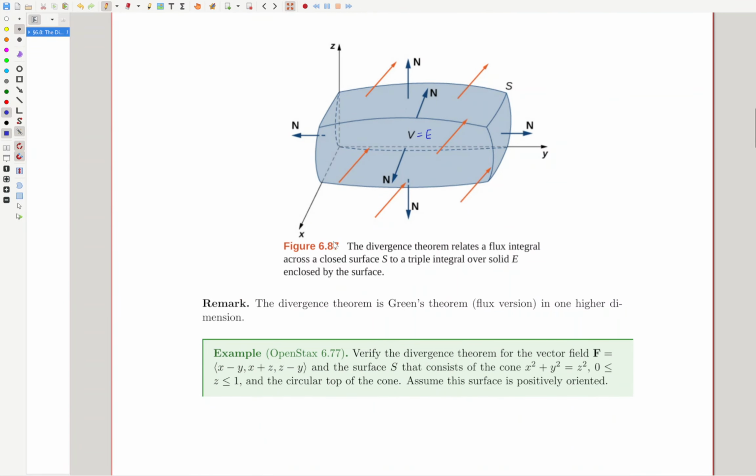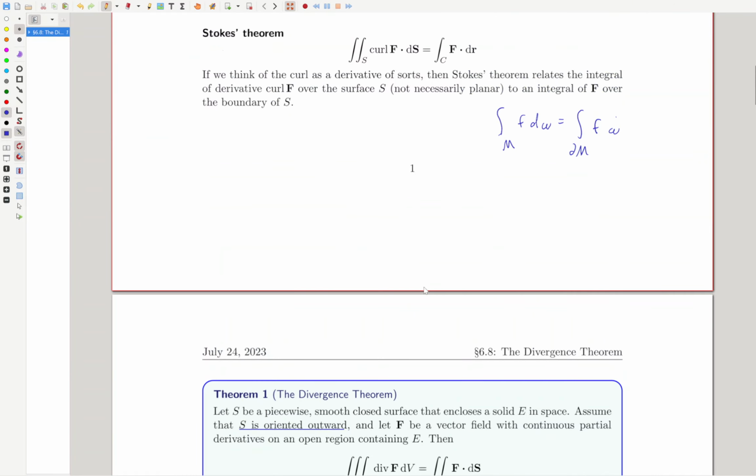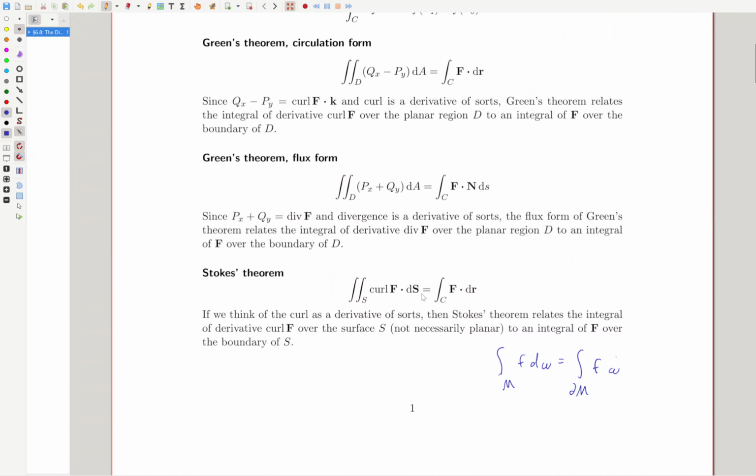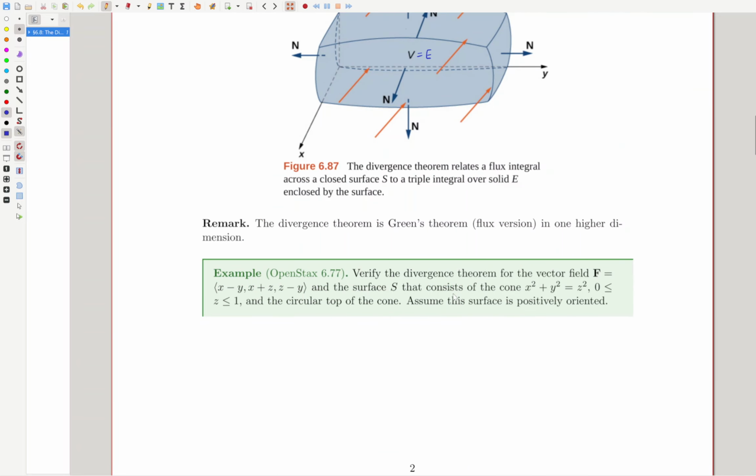So divergence theorem is like Green's theorem, the flux version of Green's theorem, but in one higher dimension. Looking at this formula versus this formula, you can see how that's the case.